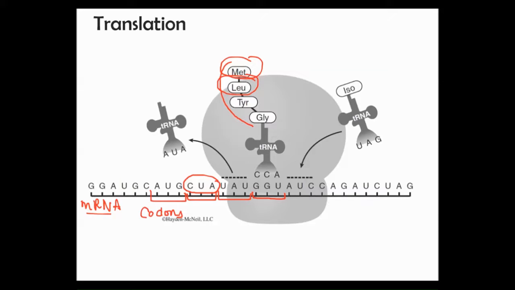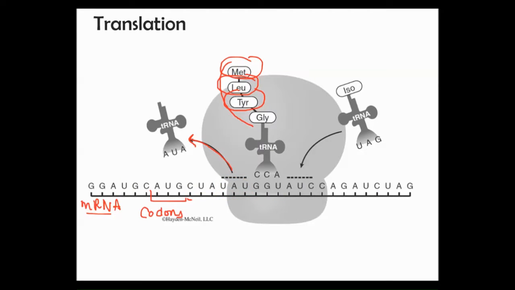Our next codon on messenger RNA is UAU, and when we look UAU up in the codon dictionary, we'll see that it goes with TYR, that amino acid. In fact, we can see this transfer RNA having just dropped off the TYR. Let's make sure that they got the anticodon correct.